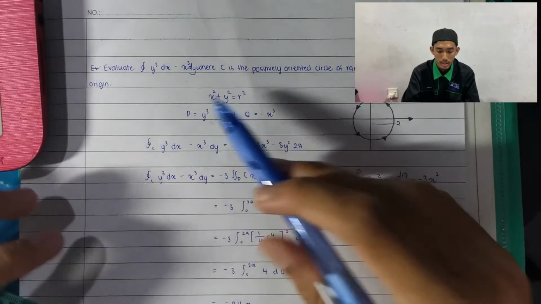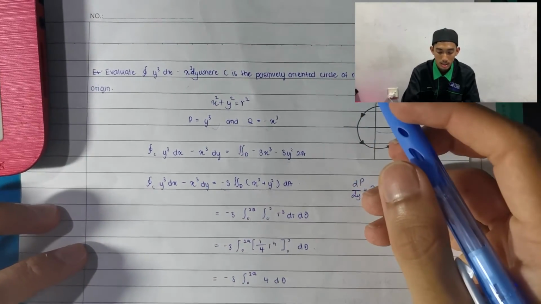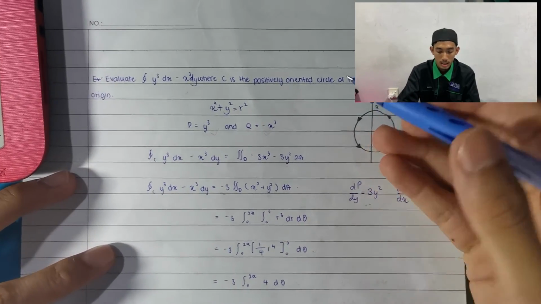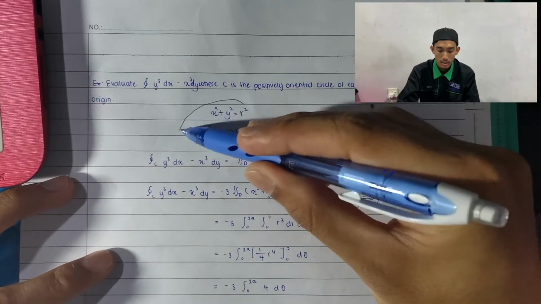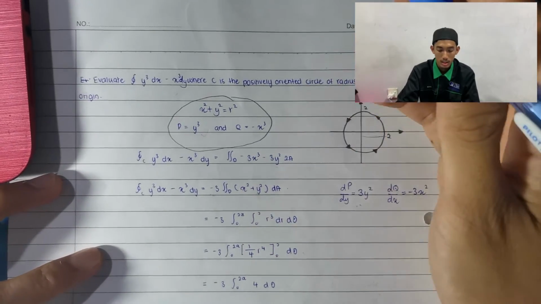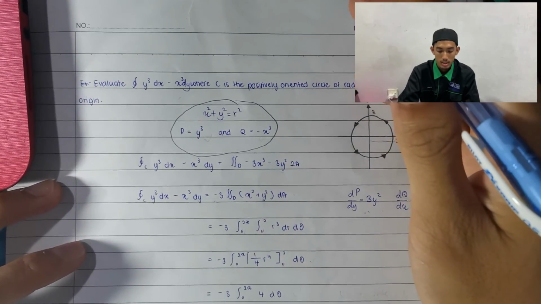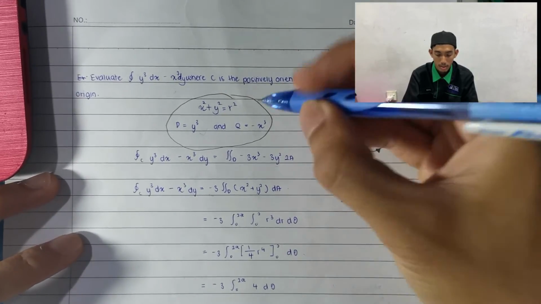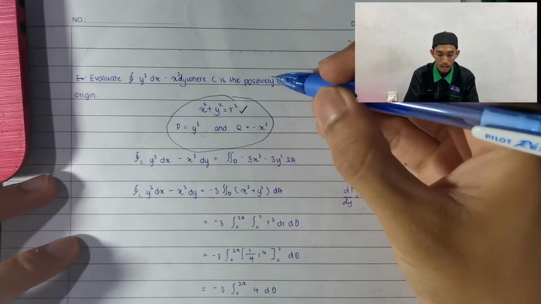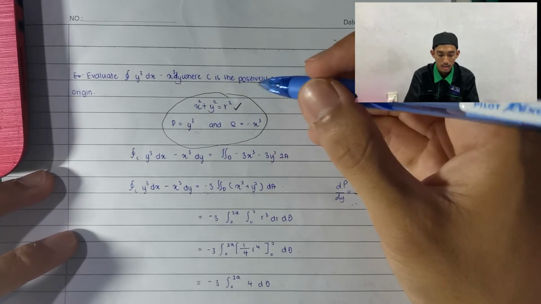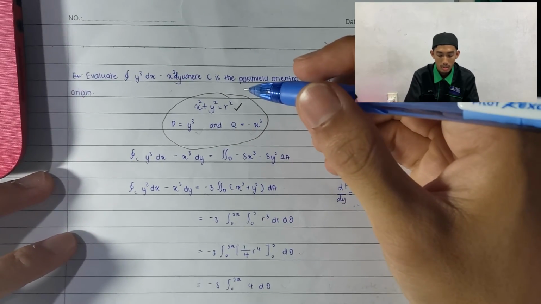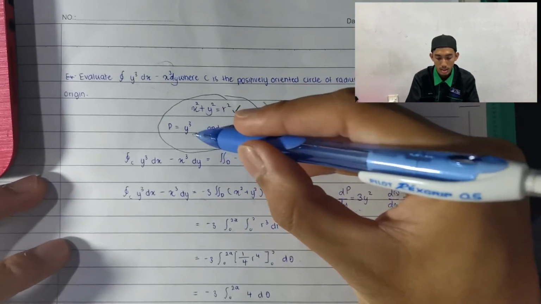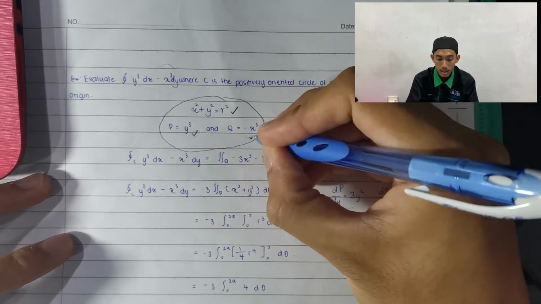For this question, I have found three pieces of data to be used to solve it, which is x squared plus y squared equals r squared, and I also separated the whole equation into two parts, which is P equals y cubed and Q equals negative x cubed.